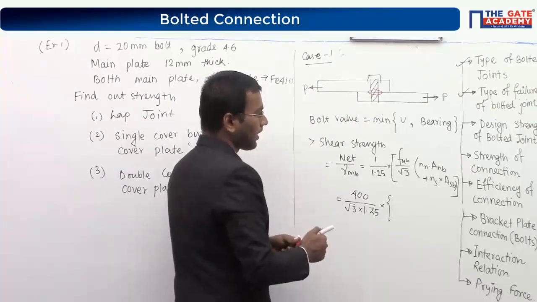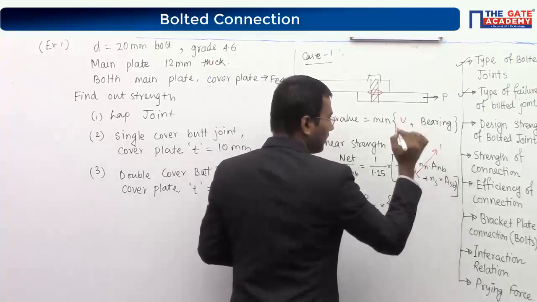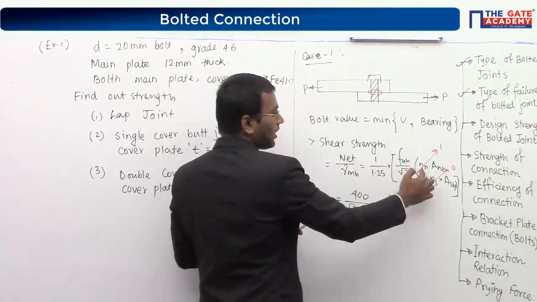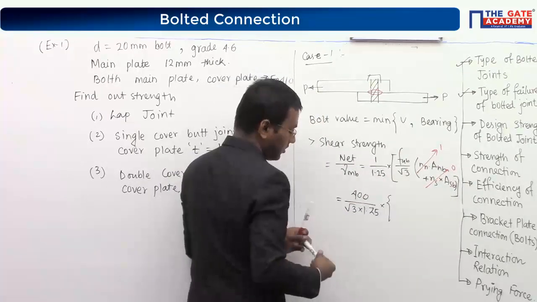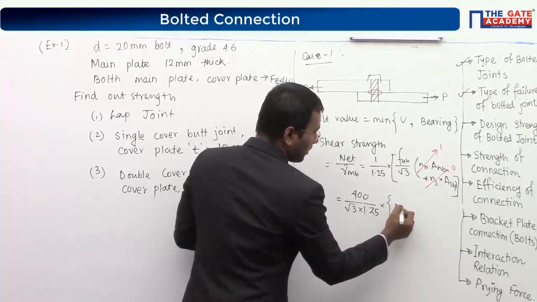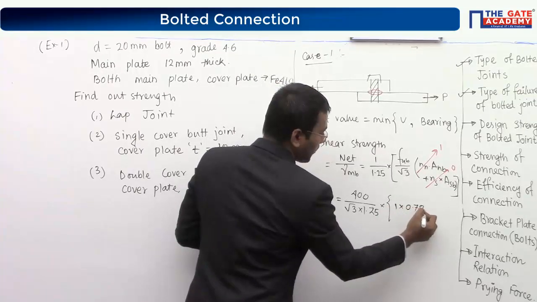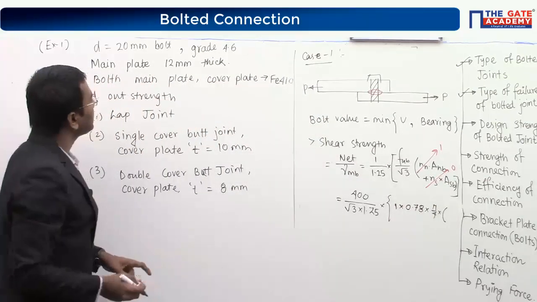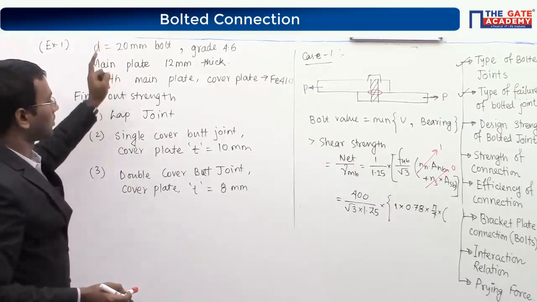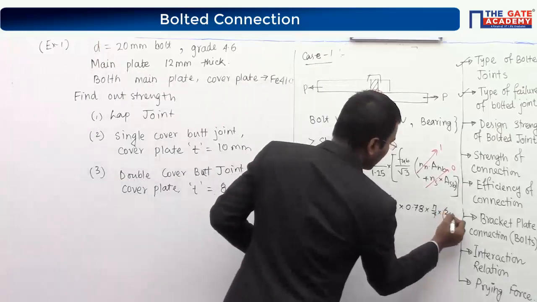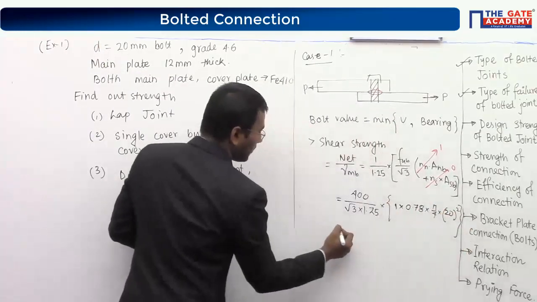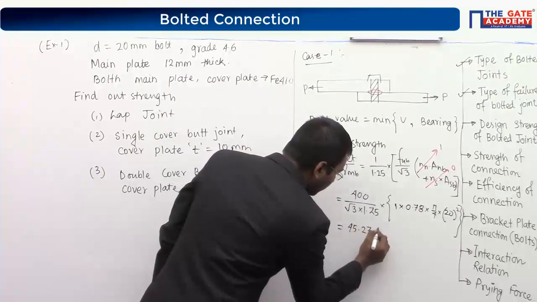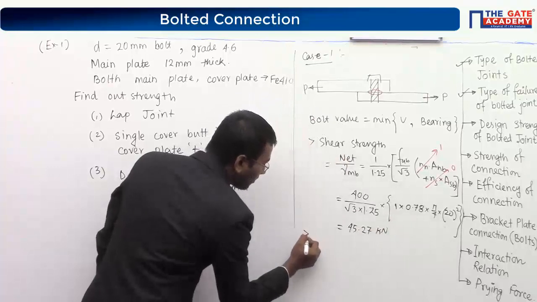So thread means one shear plane, and shank will be 0. So nn equals 1, ns equals 0. Area at the thread is 0.78 multiplied by pi by 4 into d square, where d is the diameter of the bolt, 20 mm. So 20 whole square. I can find the shear strength: 45.27 kilonewton.